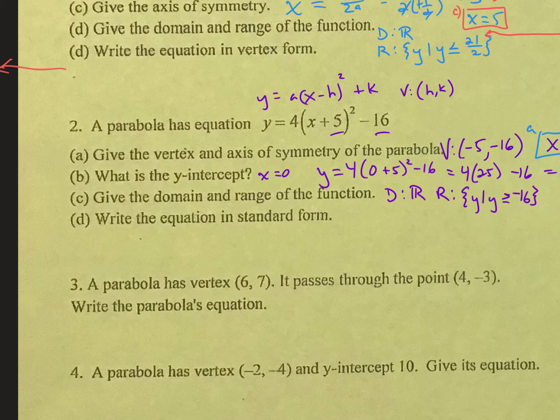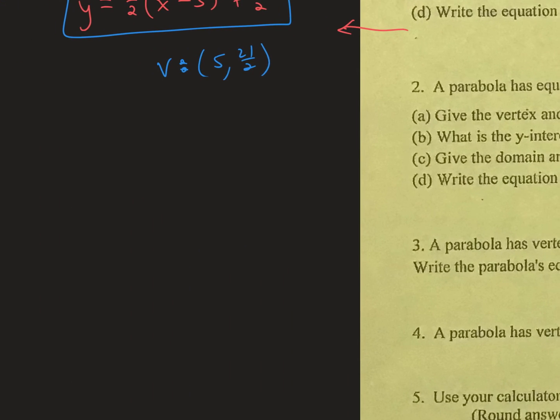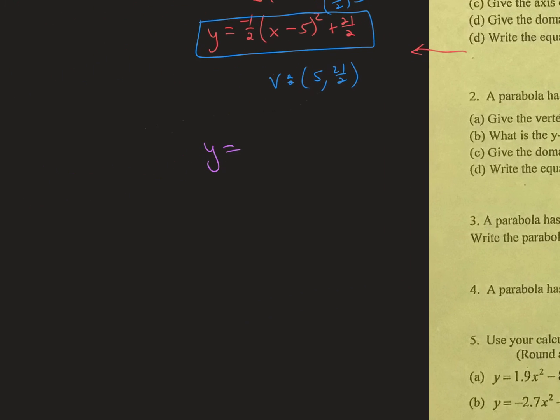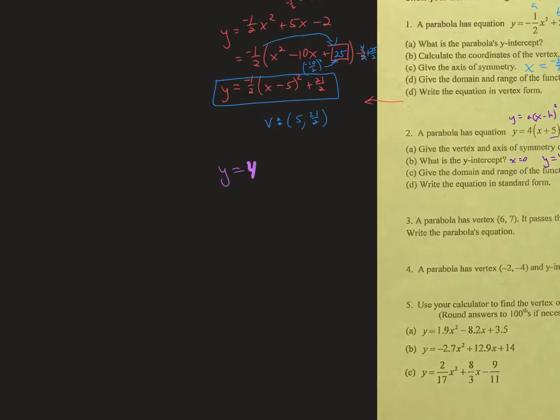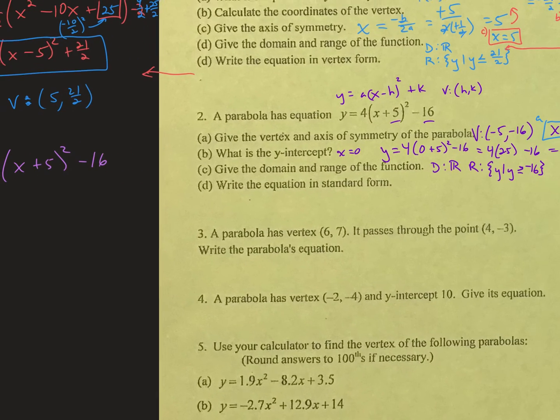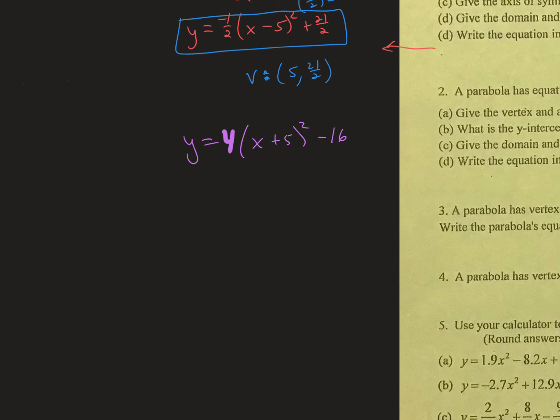And then write it in standard form. I am going to have to slide over for that. So that one is y equals 4 times x plus 5 squared minus 16. All right, and so I square the stuff on the inside.